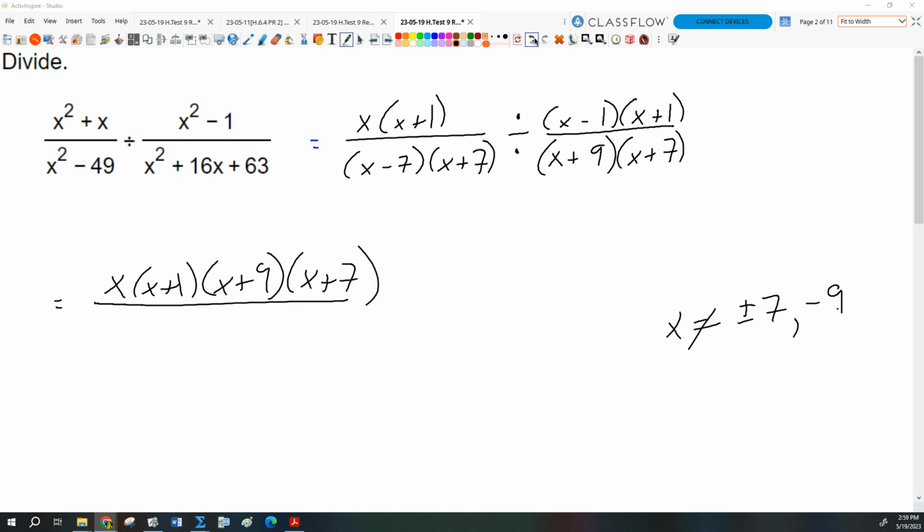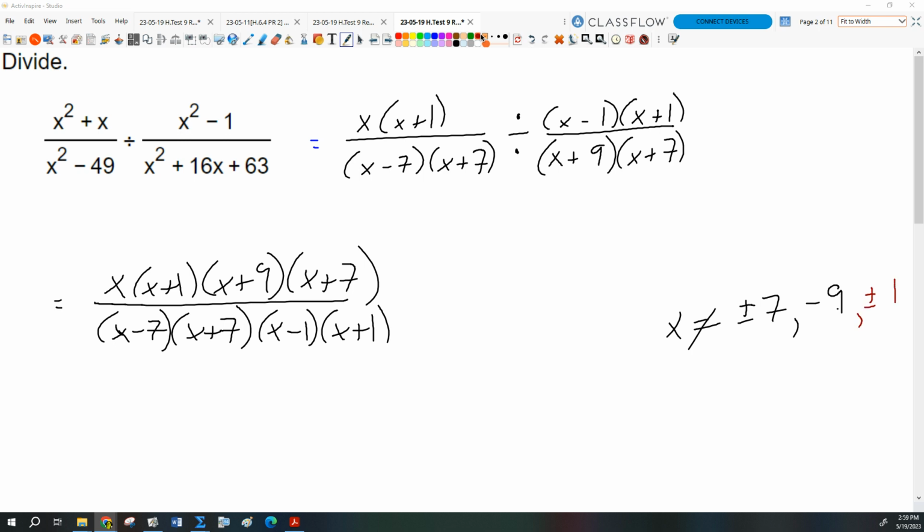Okay, what's on the bottom post-flip? Okay, so do we need to add anything to our list of exclusions then? Oh, okay, good. So we can add plus or minus 1 post-flip, right?